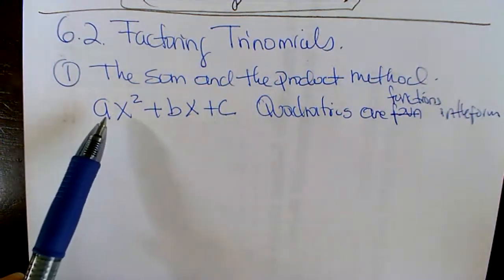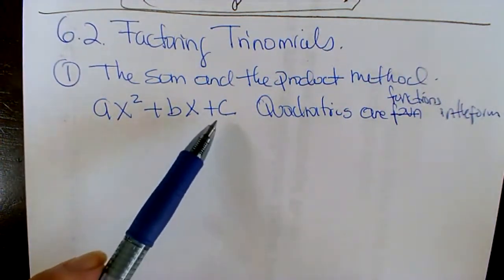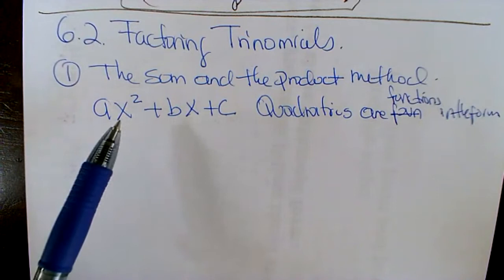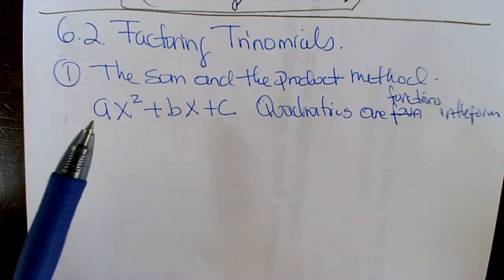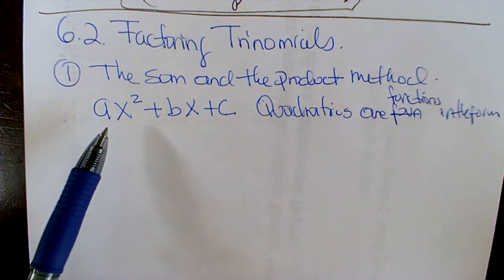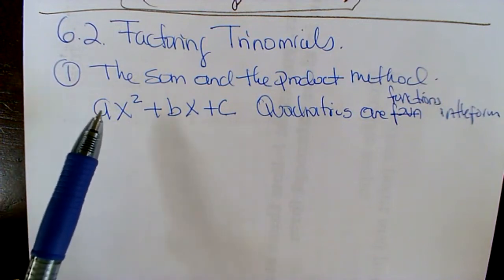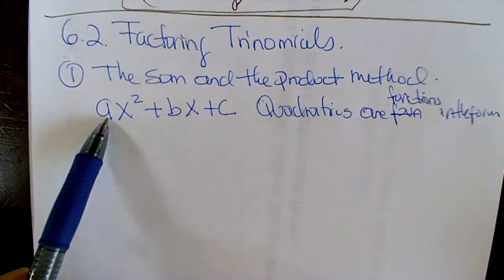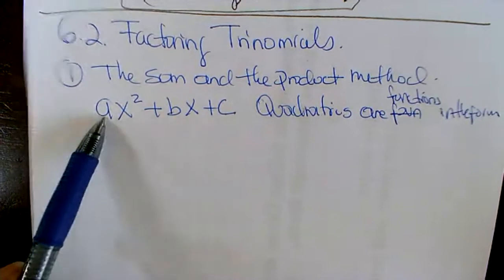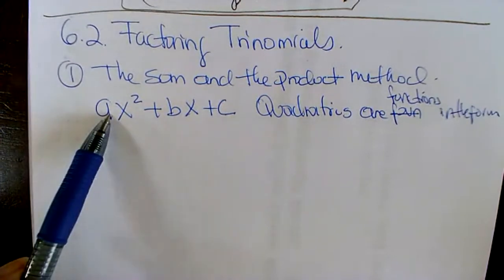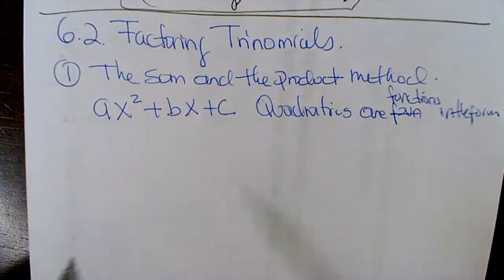And when we're factoring quadratics, we will need to pay attention to the value of a. When there's no coefficient of the square term, meaning we're talking about the a, meaning that the a is equal to 1, that's when we use the sum and the product method. So we use this one.